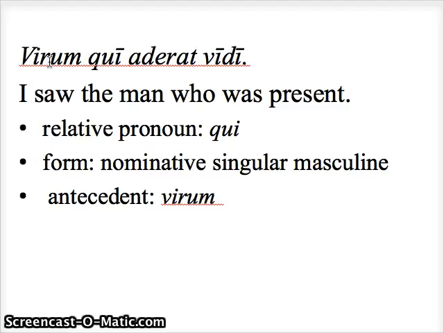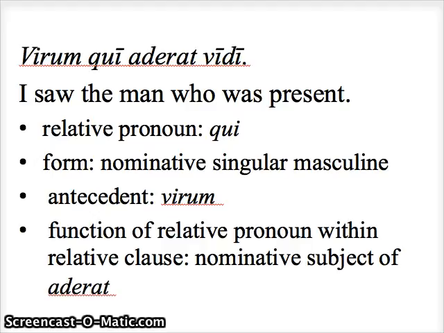Because of that, our relative pronoun needs to be masculine and singular, because the man was masculine and singular. But qui is nominative. I saw the man who was present. Remember, if we make this two sentences, the man was present, he was present, and qui is the subject of aderat.